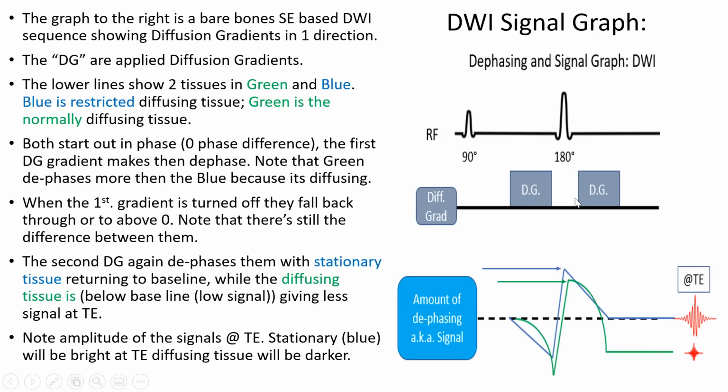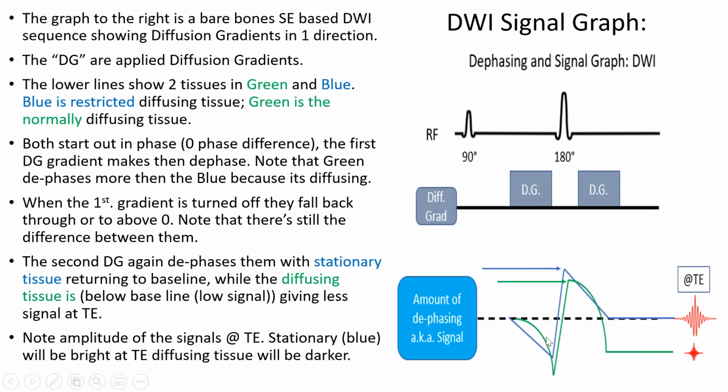Okay, so you turn on that first diffusion weighted gradient right here. So you have some protons that are in phase. Then you turn on the gradient and they dephase. So their vectors say go down this way. Well, the green is moving. That's going to go down even further. It's going to pick up more phase down the bottom. The blue tissue is not moving that much.